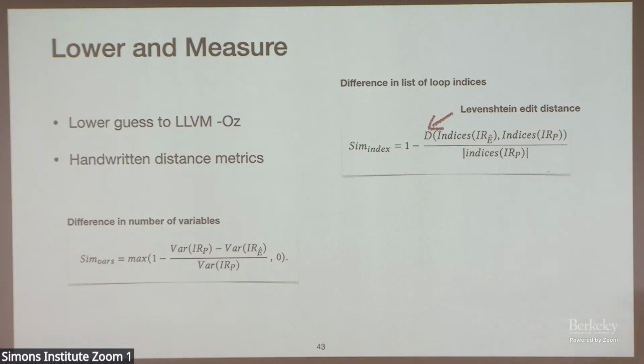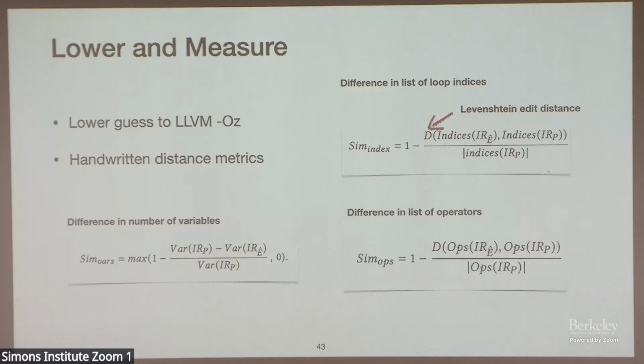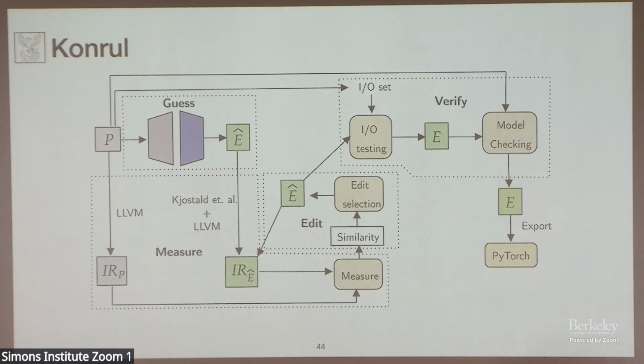And then you can look at the edit distance between these lists of loop indices. And we can also extract the list of operators and do the same edit distance between the two lists of operators. So yeah, they're pretty handwritten, but they are surprisingly effective and relatively simple to implement.